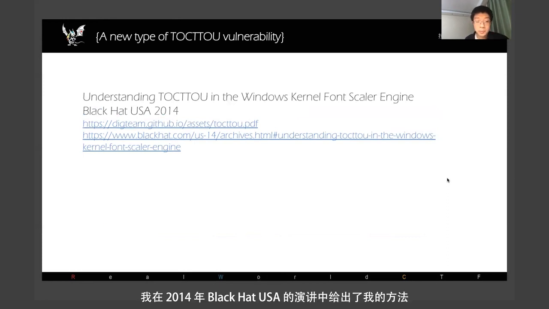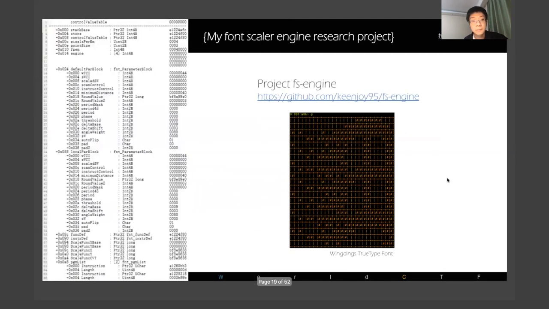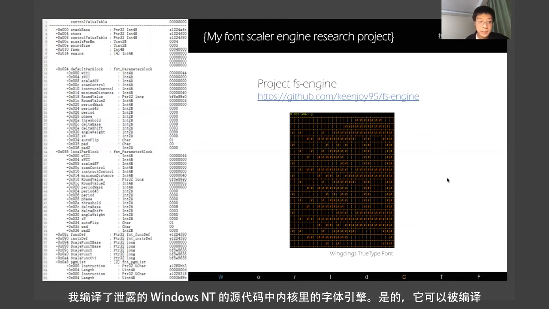I shared my approach at Black Hat USA 2014, and my slides can be downloaded from the first link. In short, I mainly did two things. I compiled the font scaler engine in the kernel of the leaked Windows NT source code.